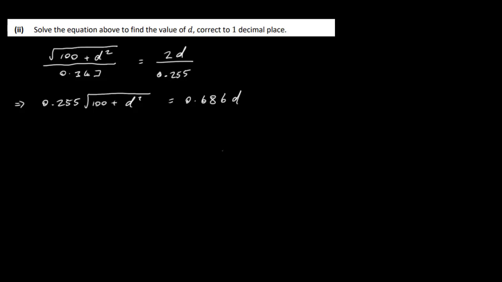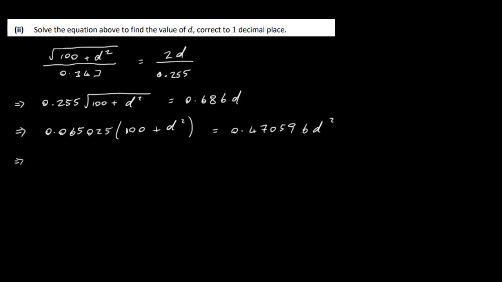Now what I'm going to do next is square both sides. If I do that, I get 0.065025 times 100 plus d squared is equal to 0.470596 d squared.